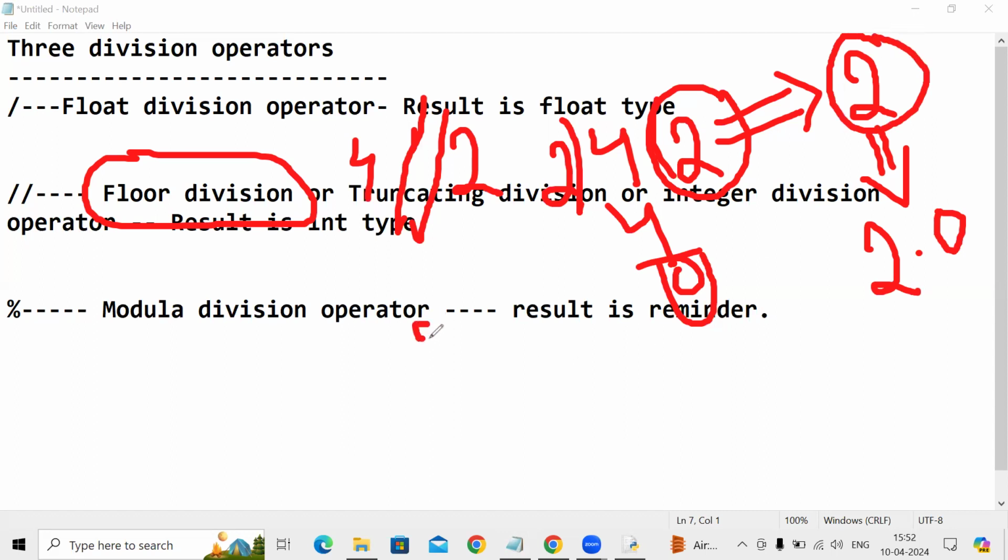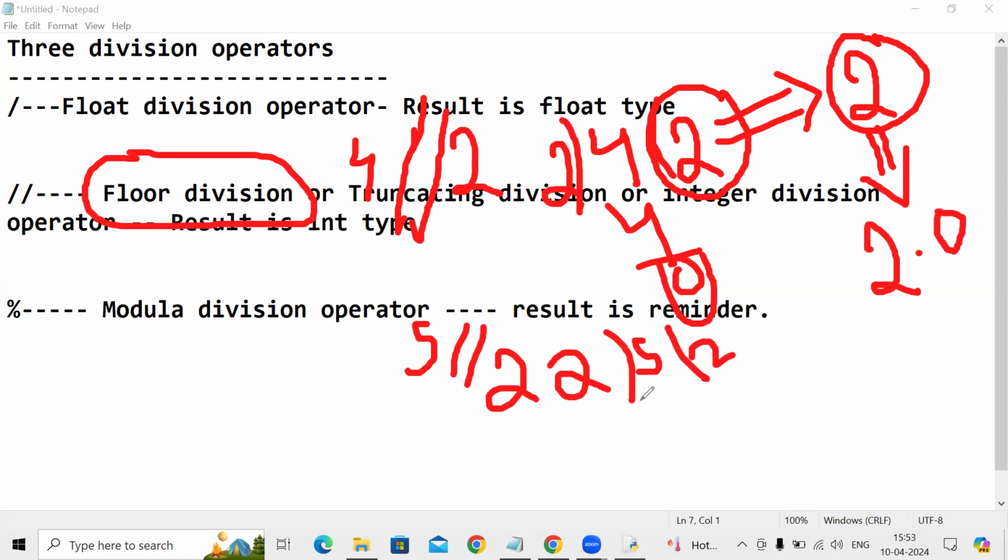See one more example, then you can understand what exactly floor division means. Now I am dividing 5 by 2. 2 twos are 4, and we get remainder 1, and again dividing after taking a 0, we get 5.